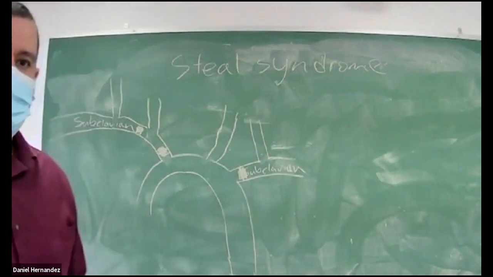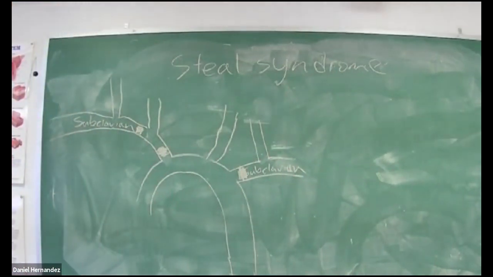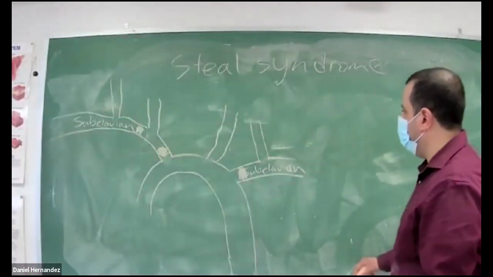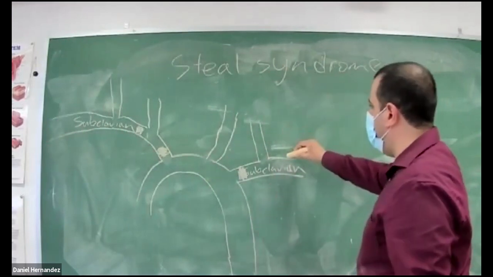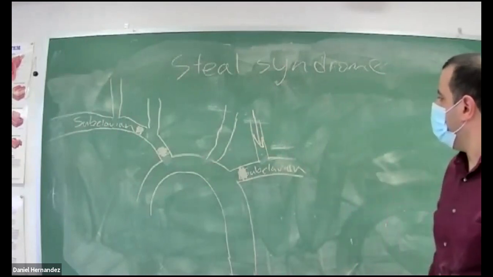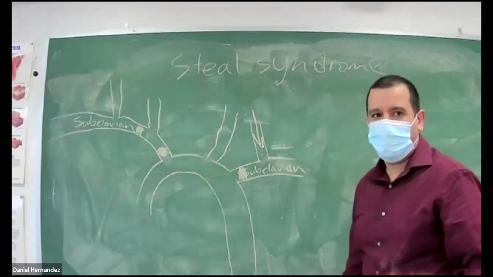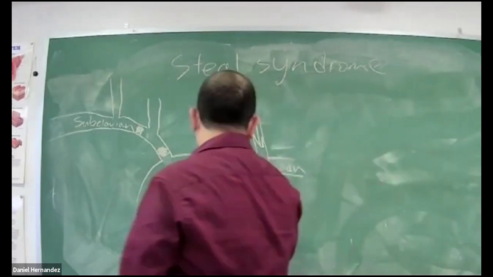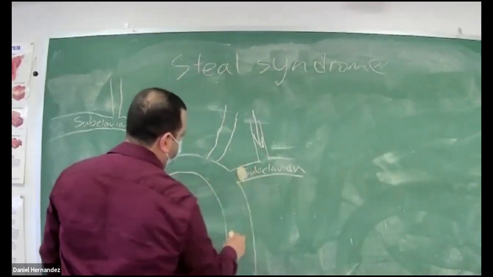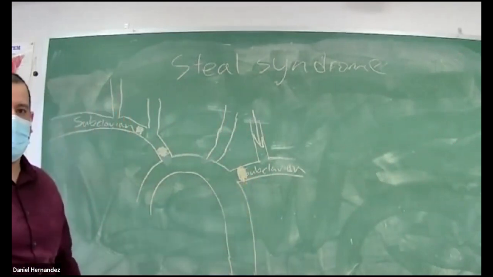So I actually kind of misspoke a little bit before regarding flow direction, but this will help to clarify it a little bit better. So if we're on the left side and we visualize retrograde flow in the left vertebral, so flow going down as opposed to up to the brain, it's going to be due to an occlusion or a high-grade stenosis or blockage within the proximal left subclavian.